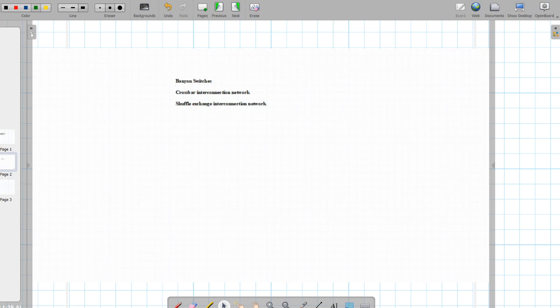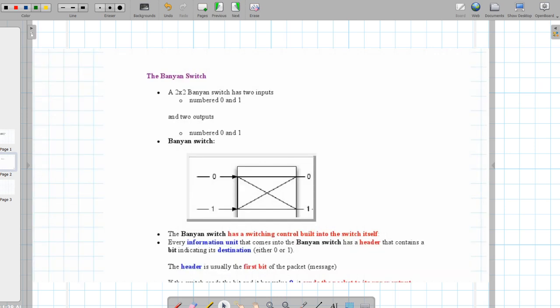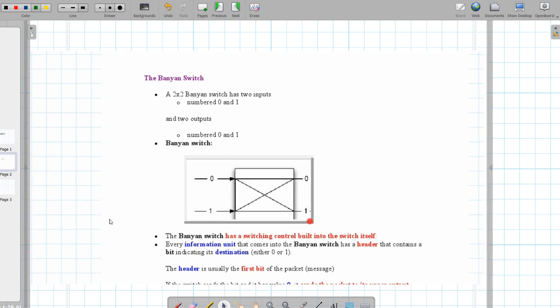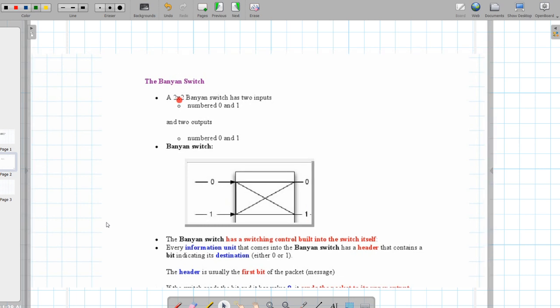So let's start with Banyan switches. This is the general structure of a Banyan switch, where you can see that there are two inputs and two outputs. A 2x2 Banyan switch has two inputs numbered 0 and 1 and two outputs numbered 0 and 1.